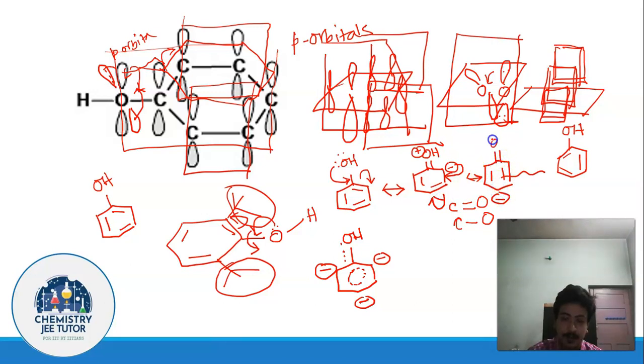So what we say is, you draw a positive charge over here and you draw something like this. This actually indicates this is the resonant hybrid. Remember, this is the resonant hybrid. So this actually means that the negative charges reside either in the ortho positions or in the para positions.